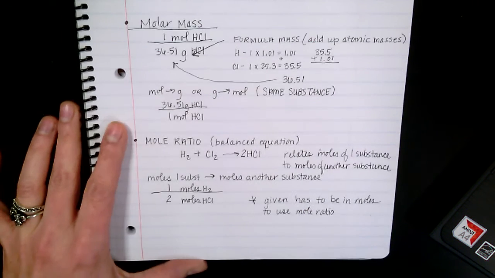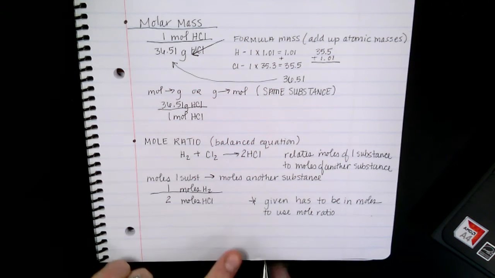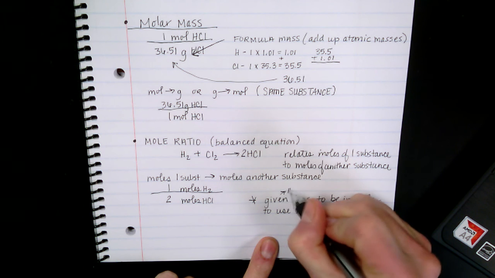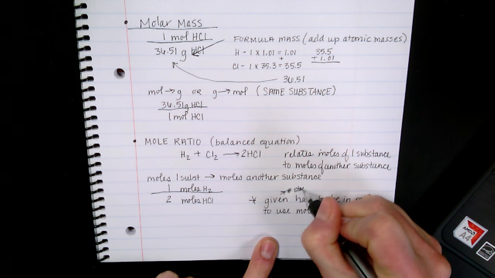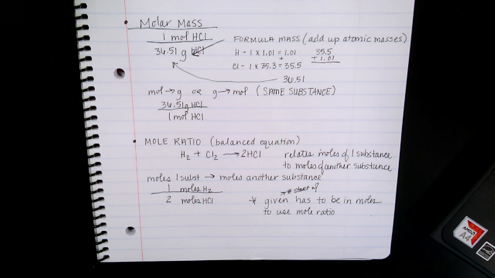That doesn't make a lot of sense right now because we've not worked out stoichiometry problems, but that's just something to keep in the back of your mind. Your given is the number you start out with. If it's not in moles, and you need to go from moles of one substance to moles of the other, you first have to change it into moles, then use the mole ratio.